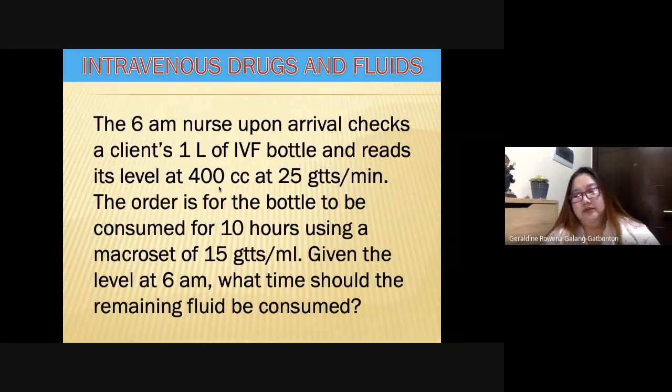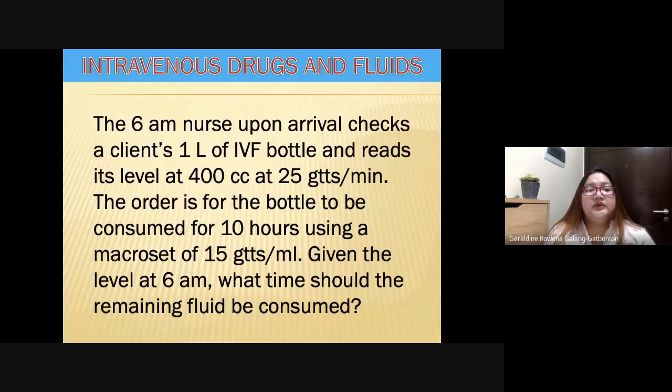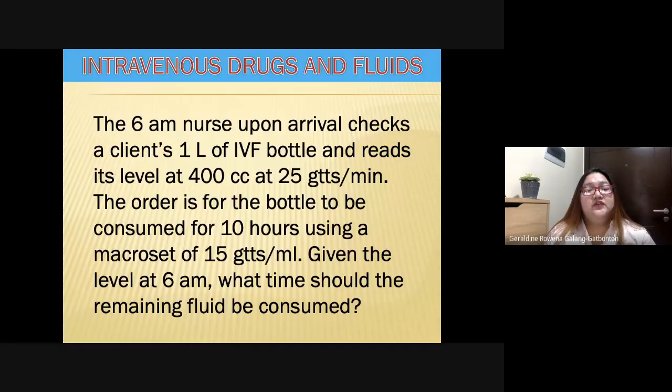Another example. The 6 a.m. nurse, upon arrival, checks a client's 1 liter of IVF bottle and reads its level at 400 cc at 25 drops per minute. The order is for the bottle to be consumed for 10 hours using a macro set of 15 drops per ml.